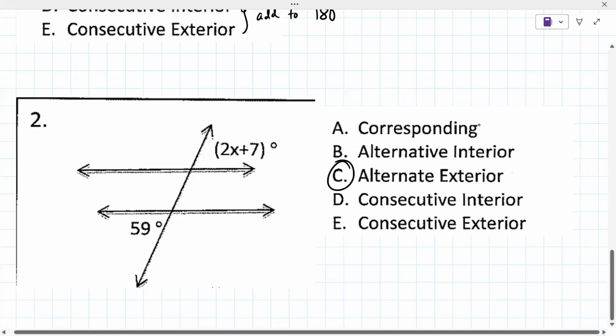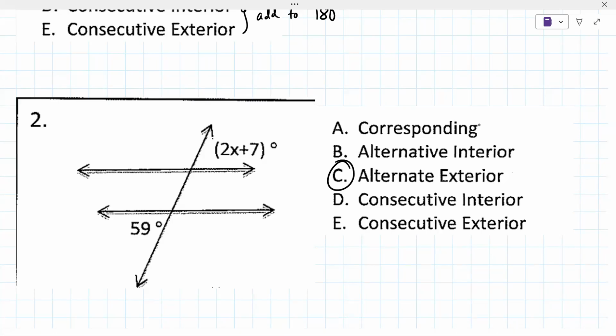Do they add up to something? They are congruent. So 2x plus 7 equals 59. Could you solve that for x for us, please?